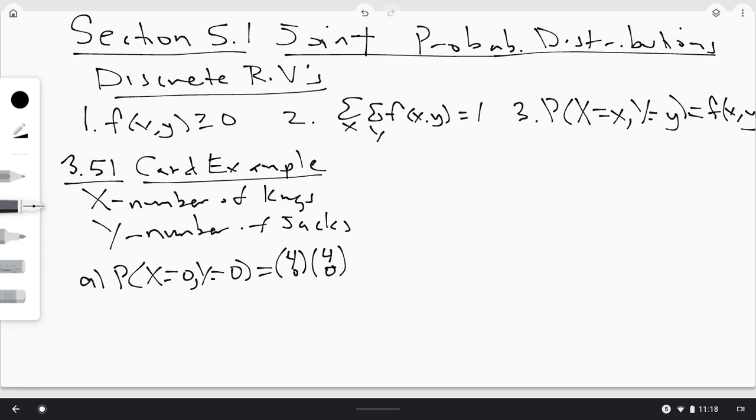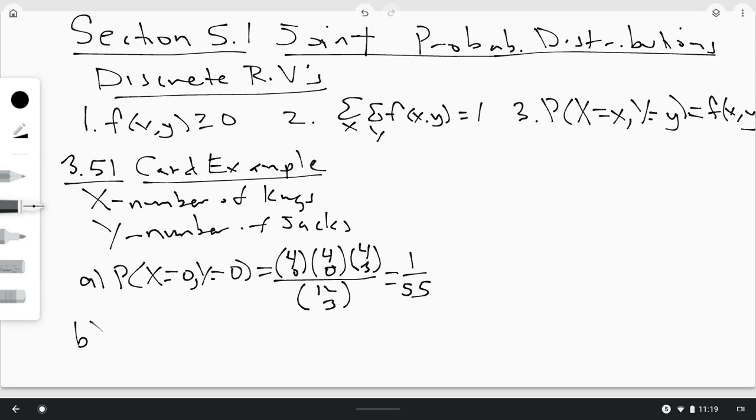But then that means we must choose the 3 cards from the queens. So from the 4 queens, we choose 3, divided by the total number of ways we can choose any 3 of the 12 cards, which is 12 choose 3. And the probability of that occurring is given by 1 over 55.